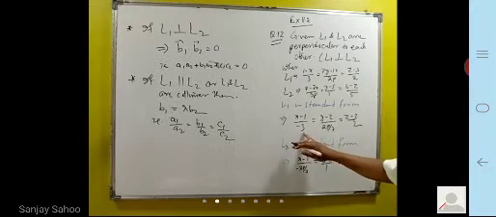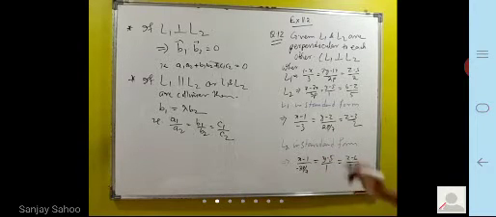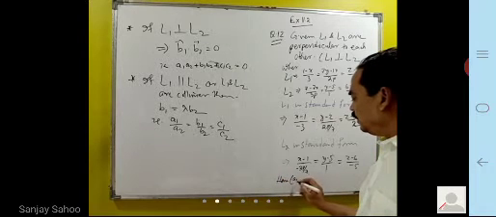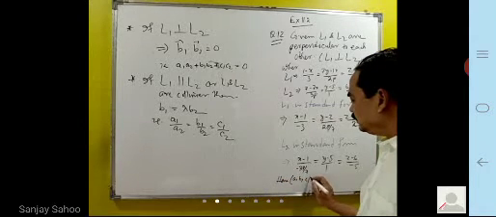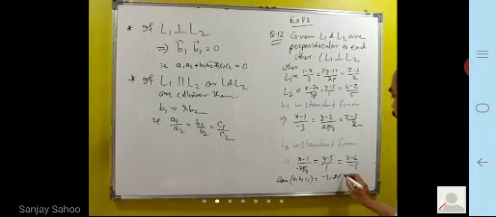And this is a1, b1, c1, a2, b2, c2. Here a1, b1, c1 is minus 3, 2p by 7, 2.